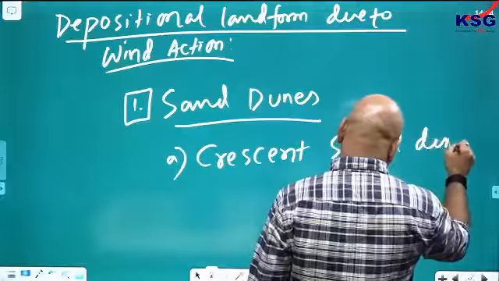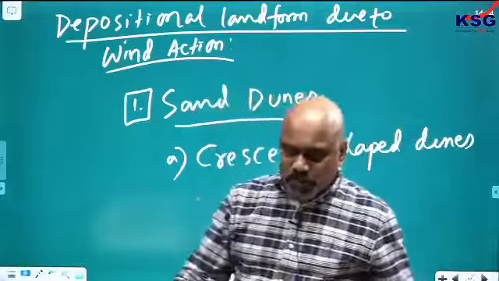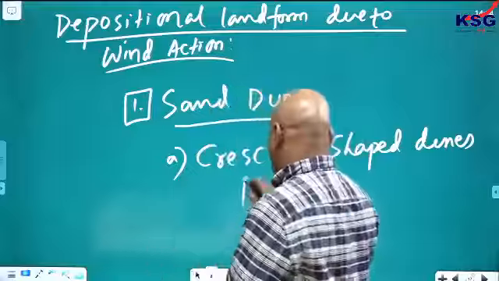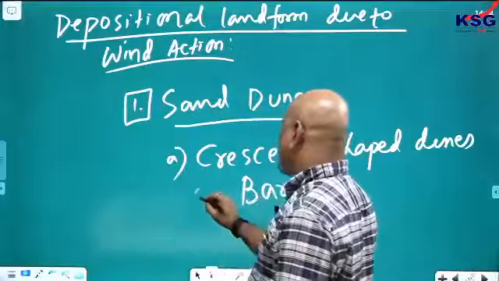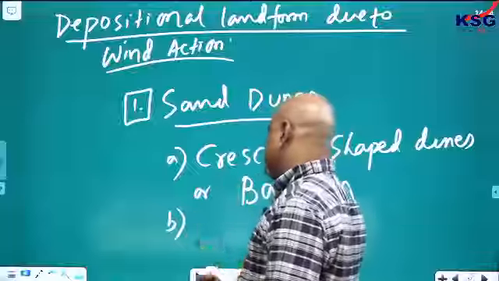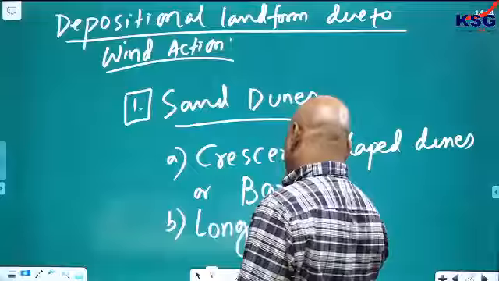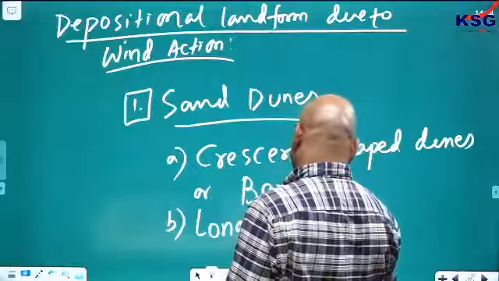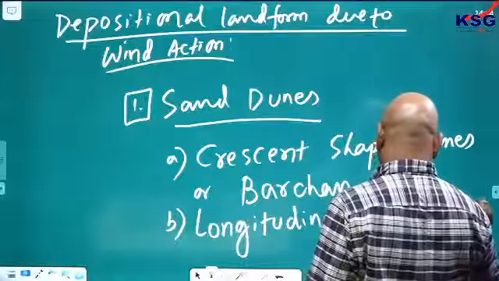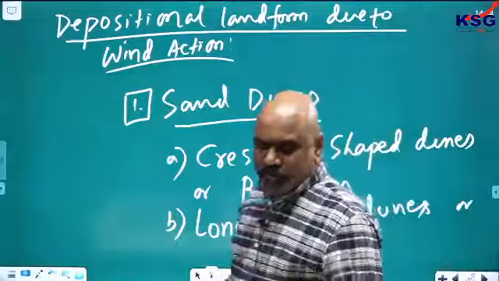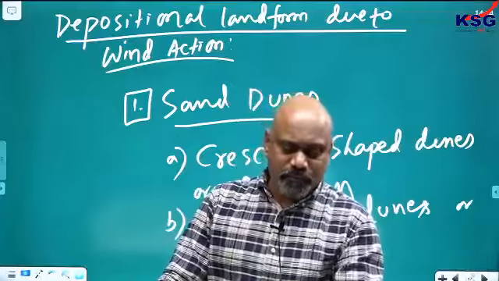They are called barchans, B-A-R-C-H-A-N, barchan. And the second one is longitudinal dunes, or seif, as they are called.